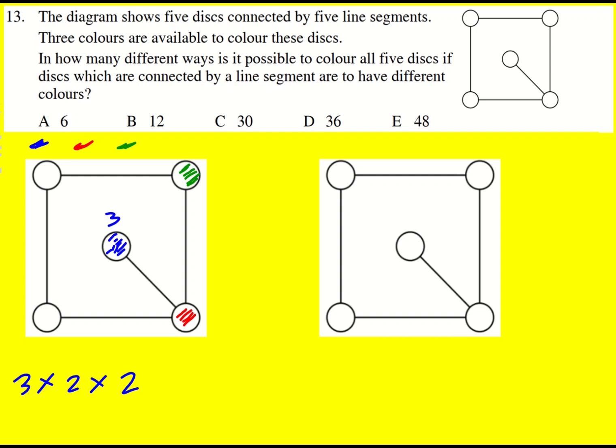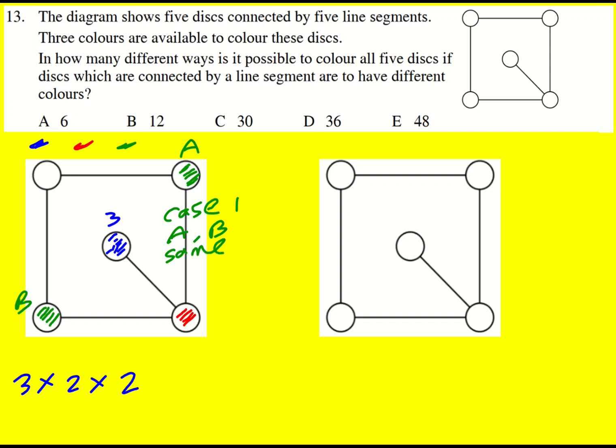But here's where you've got to be careful, because I don't have two options here necessarily. It's all going to depend on what this one is colored. So we need to split it into two different cases. Case 1 is going to be when these two are the same color, so maybe I call it A and B, same color.